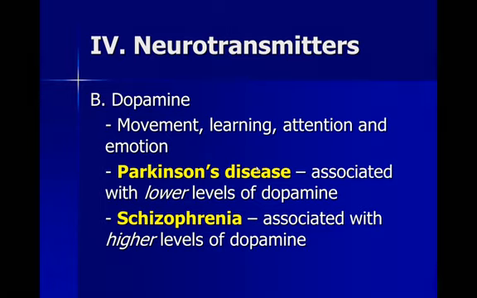Similarly, drugs used to treat schizophrenia, which reduce levels of dopamine, can cause what's called pseudo-Parkinson's disease. And we're going to talk quite a bit about how antipsychotics can cause what are called extrapyramidal symptoms, which essentially is a pseudo-Parkinson's type of disease in which people tend to have movement disruption.